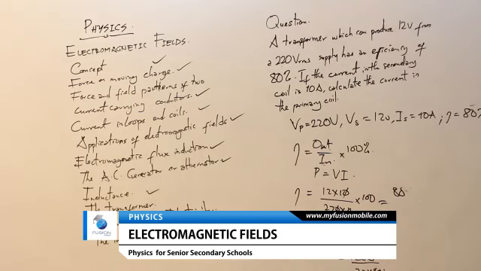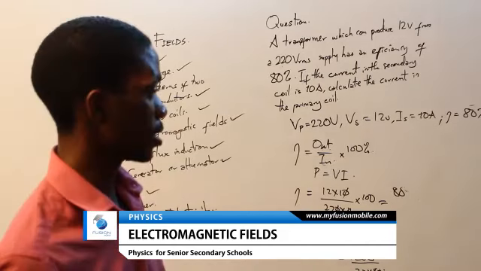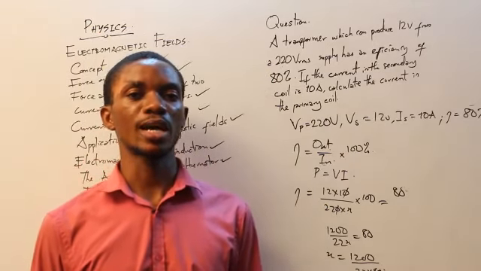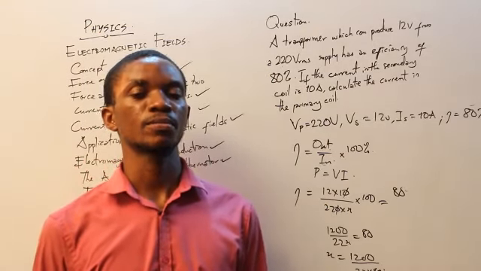We'll quickly talk about transmission of electricity. So how is electricity being transmitted? Electricity is transmitted at high voltage and not at high current.